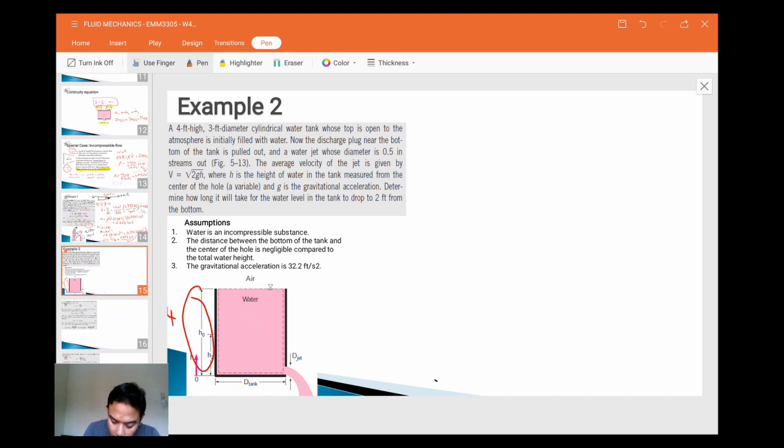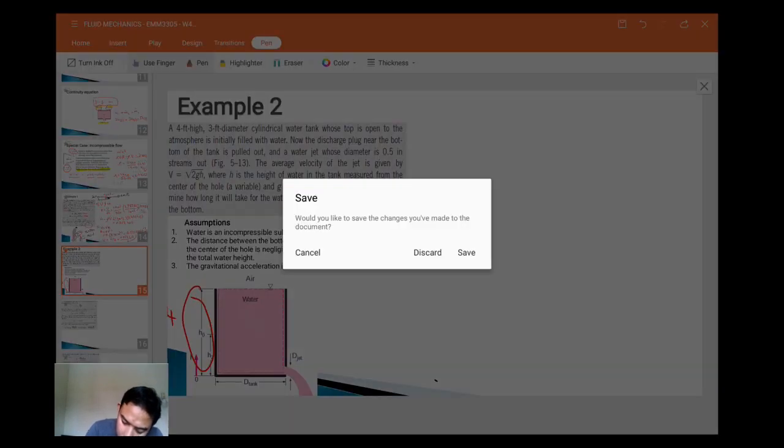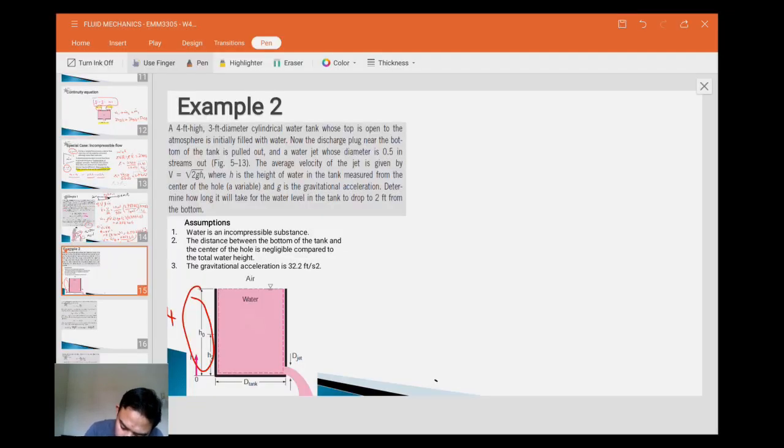The diameter of the cylinder is 3 feet. The next is the diameter of the hose, or D jet.